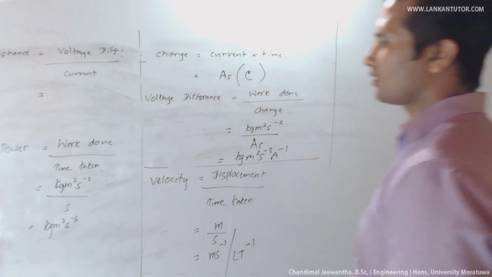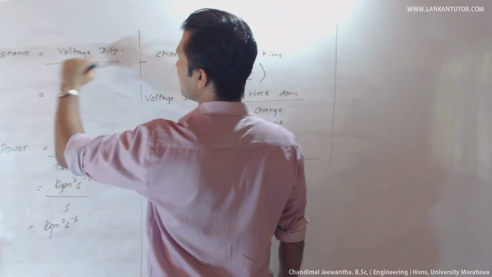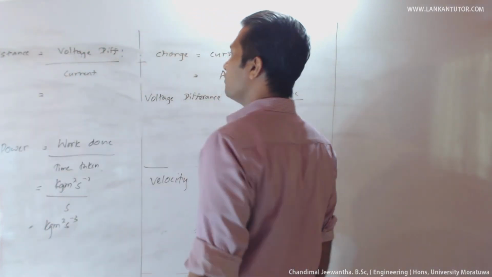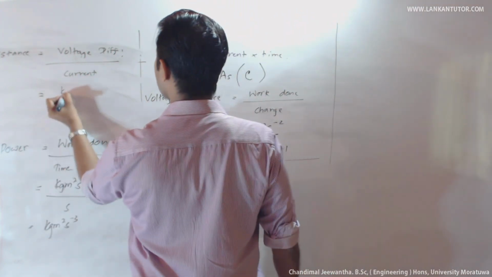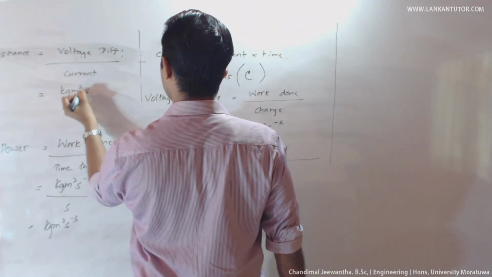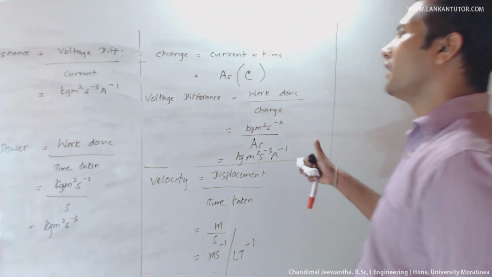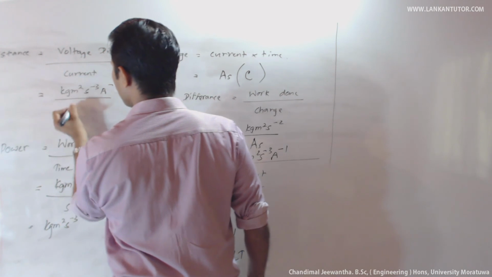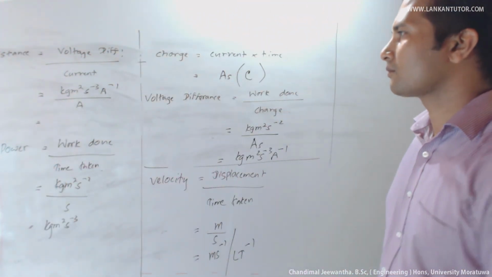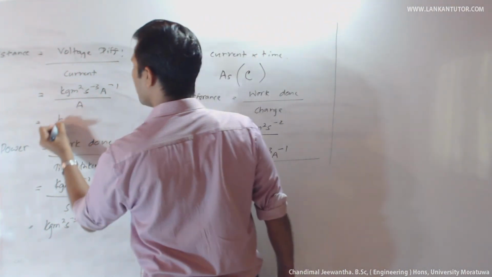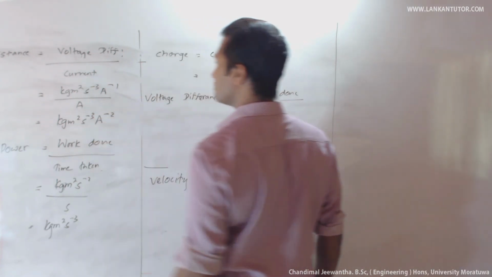Then what we have to do? In order to find the unit, for the voltage difference, as we got, we can use kg m^2 s^-3 A^-1. Then it should be divided by capital A. Then what is our conclusion? When A goes up, that is kg m^2 s^-3 A^-2.